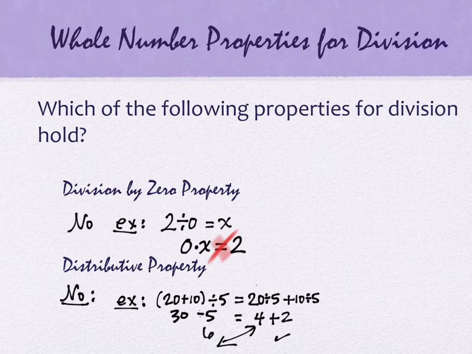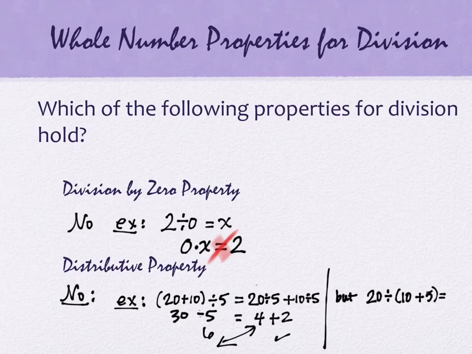If I do the distributive property in the opposite order, like this, if I try to do 20 divided by 10 plus 5, right? The grouping's in the addition instead of the grouping the other direction. Like this. This will not equal 20 divided by 10 plus 20 divided by 5. I'm running out of space.